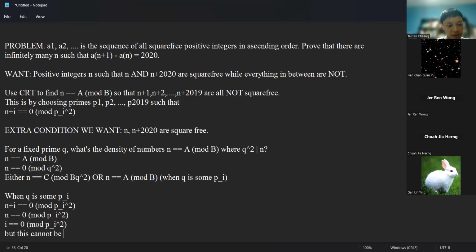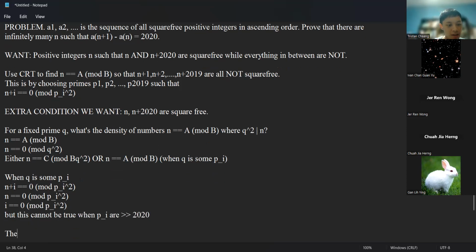But this cannot be true when pi are more than 2020. So we go back there and we just let pi be primes that are more than 2020. Therefore, n is C mod BQ squared. So the density is 1 over BQ squared.